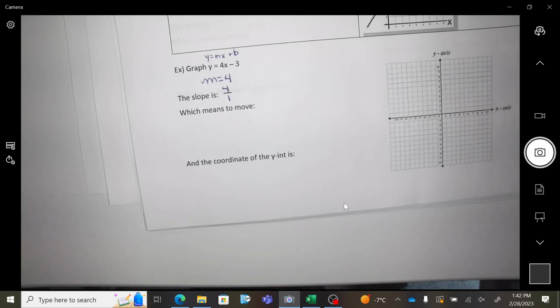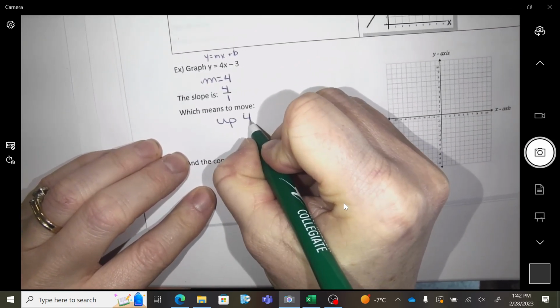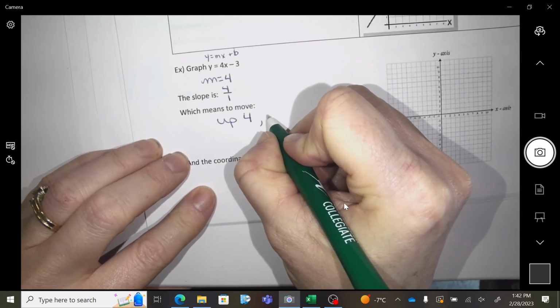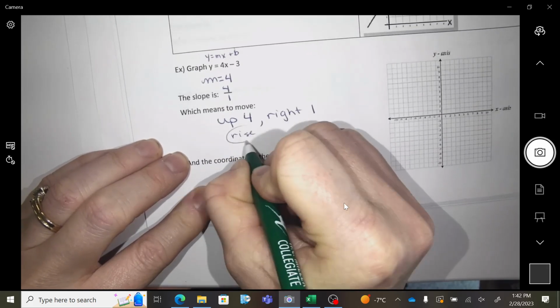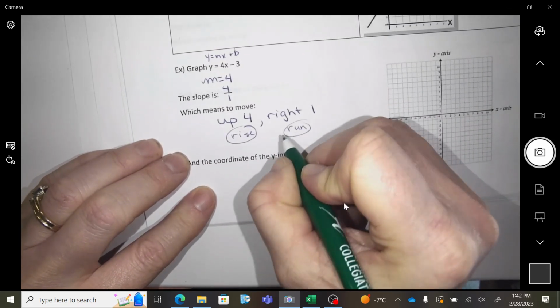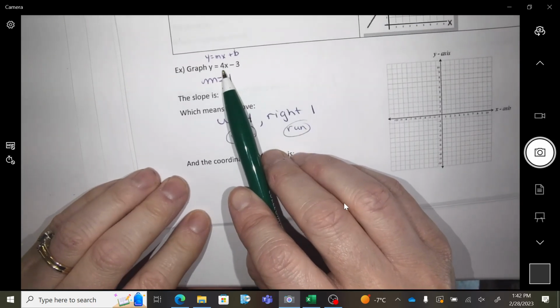So what would that mean? I need to go up 4 and right 1. Remember, this is called the rise and this is called the run. So we're going to go up 4 and right 1. And so that's the rise part, or the slope part.